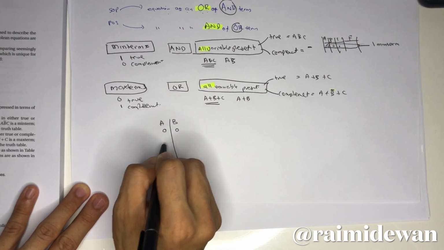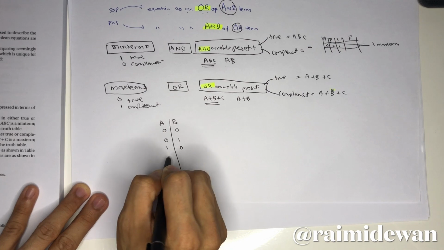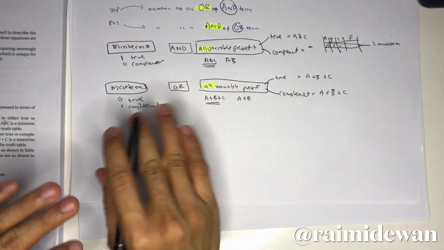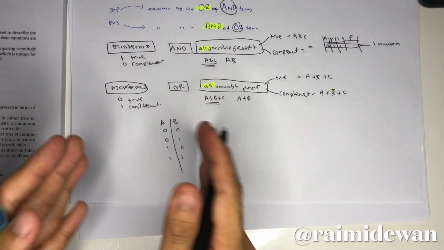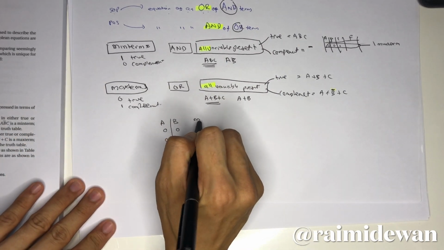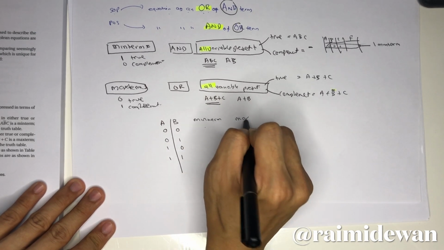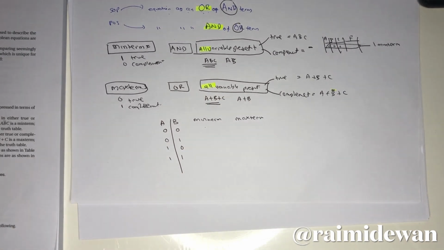You have 00, 01, 10, and 11, correct? So these are all the possible combinations. And how are we going to derive the minterm and the maxterm for this case?